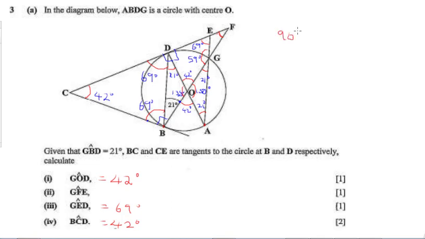So these three should add up to 180 degrees. So 90 plus 42 plus OFD should add up to 180 degrees. So 90 plus 42 gives us 132 degrees plus OFD is equal to 180 degrees.